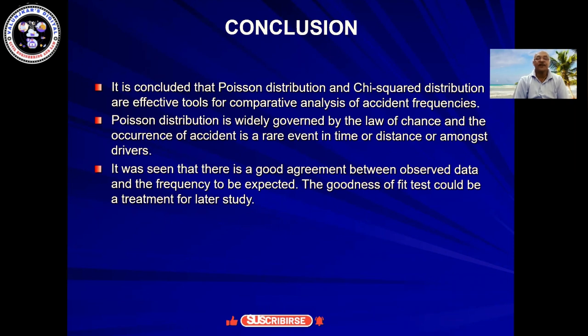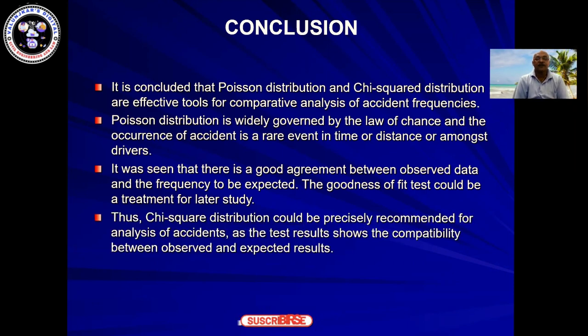It was seen that there is a good agreement between the observed data and the expected frequency. The goodness of fit test could be treated in a later study. Thus, the chi-square distribution could be recommended for analysis of accidents, as the test results show the compatibility between the observed and expected values.